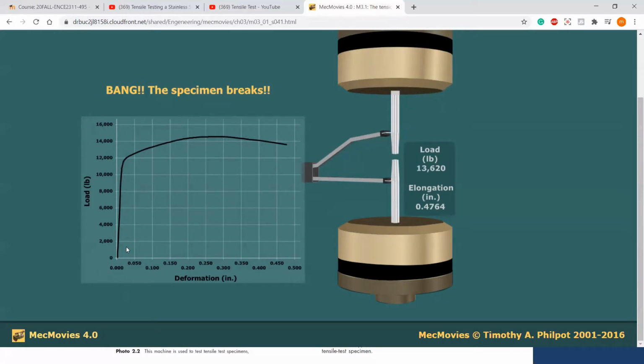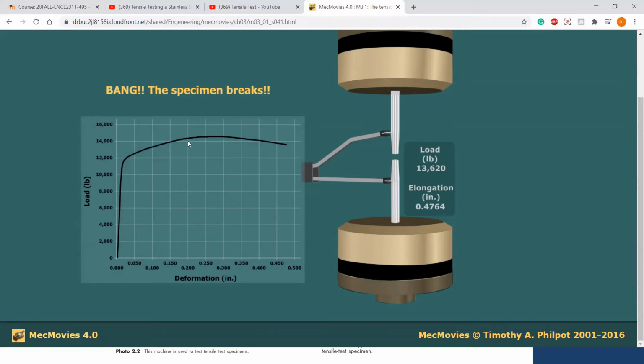But once you reach 12,000, you increase only 2,000 pounds of load extra to the specimen, and you see the deformation. You can read it. It goes to 0.1 from 0.03. But if you look at the ratio, you can tell that this specimen already yielded, and it's deforming without sustaining more load.